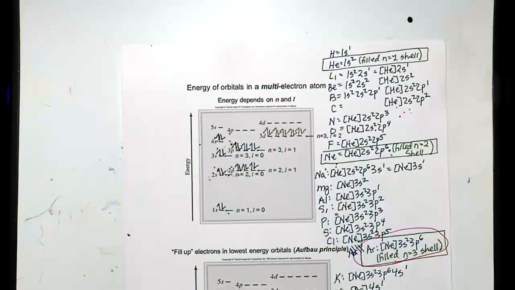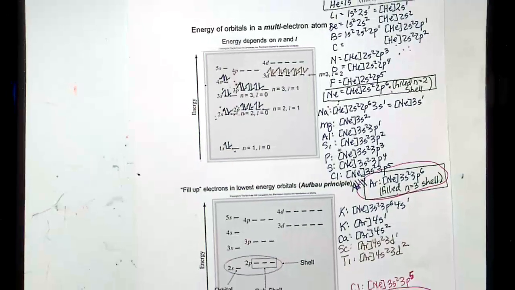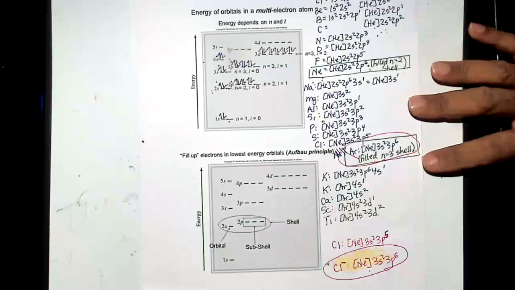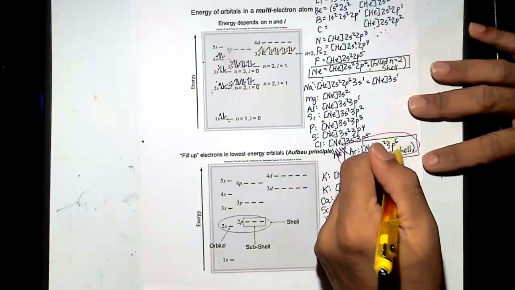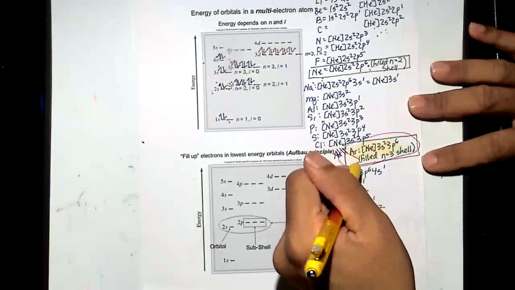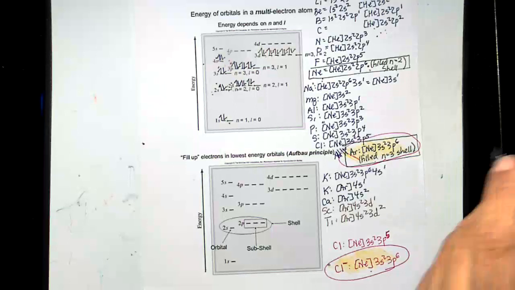So I'm going to say Cl minus and argon are isoelectronic.